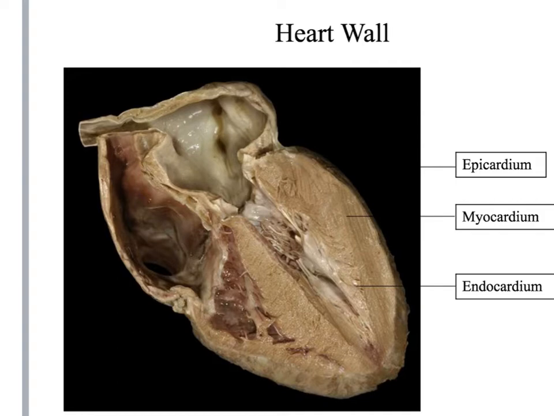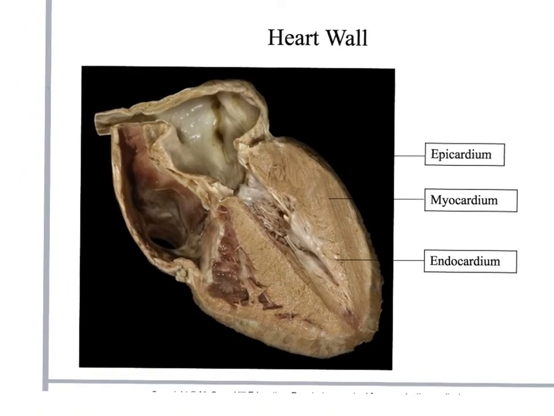The heart itself is different. Okay, the heart wall changes depending upon where you're looking. Okay? So the epicardium's on the outside, myocardium is the muscle, endocardium is the inside surface. What do you notice about the muscle of the heart here? What side's thicker and where?